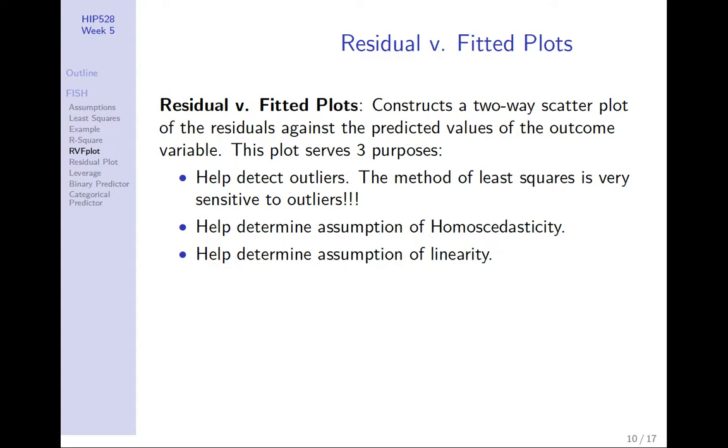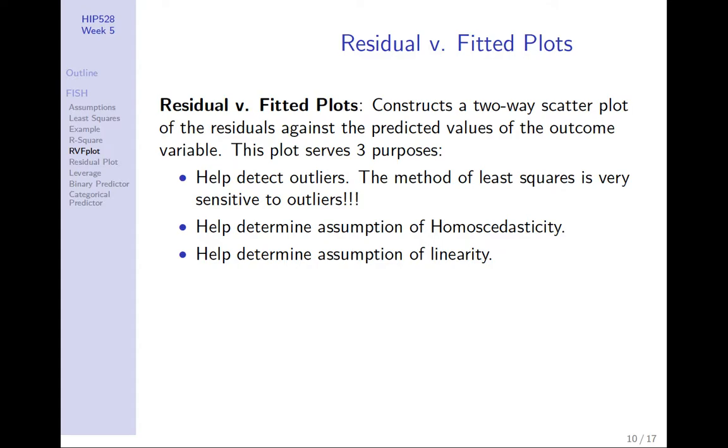There's a new statistic I'm going to introduce you to, but the idea here is, if you see a potential outlier through these residual versus fitted plots, then you have to figure out a way to identify whether this outlier is causing a lot of issues. Because the method of least squares is very sensitive to outliers.